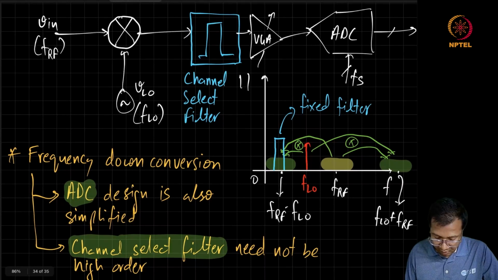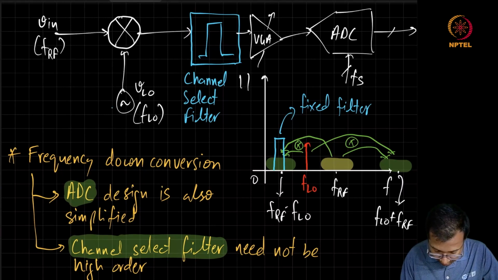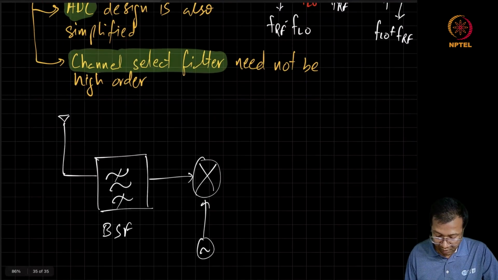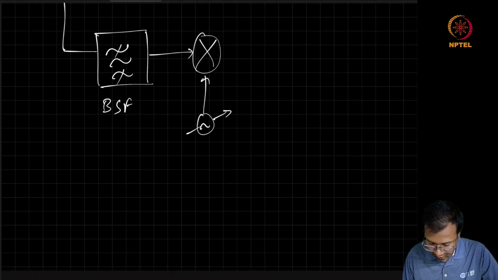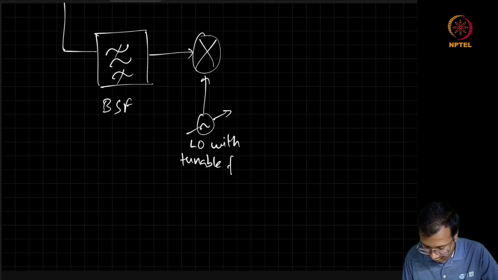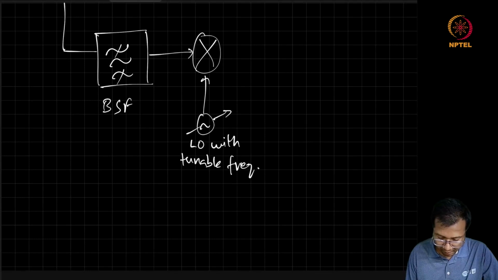And if you want to make this channel selection tunable, the LO has to be also tunable. Its frequency should be tunable, the LO with tunable frequency.